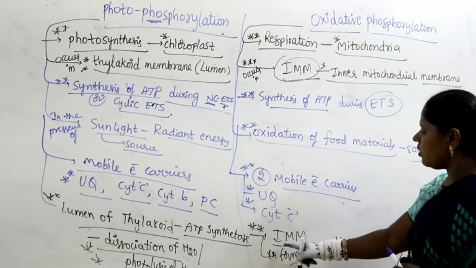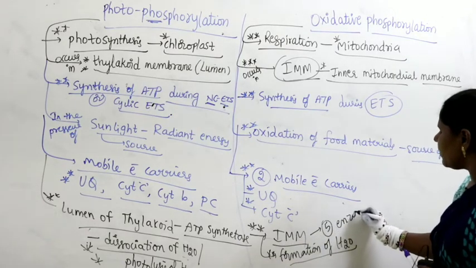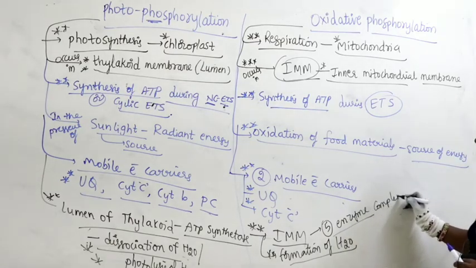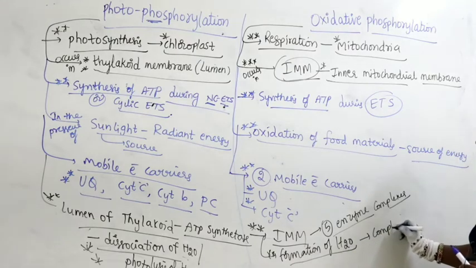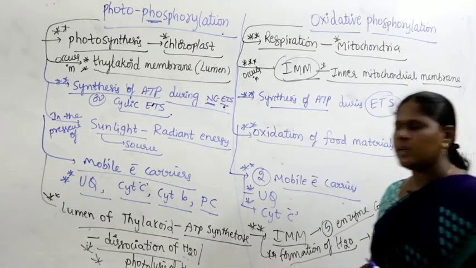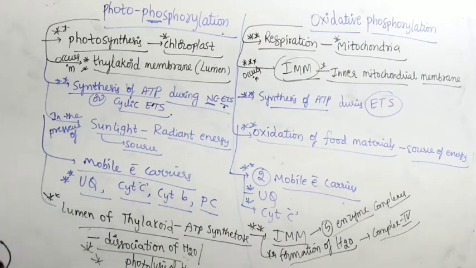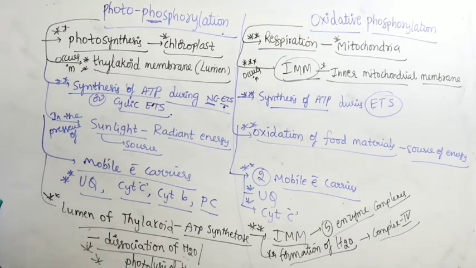In the inner mitochondrial membrane altogether 5 enzyme complexes are involved, but formation of water occurs with complex number 4 at the time of ATP synthesis. So these are the very important differences between photophosphorylation and oxidative phosphorylation.